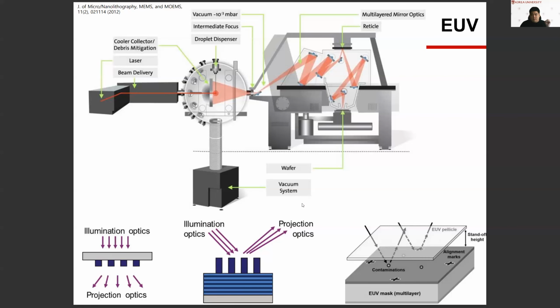Even with these systems, the amount of UV light is extremely small compared to the first stage. So the amount of electricity it consumes is extremely high, and as you can see, the price of the EUV system is extremely expensive.